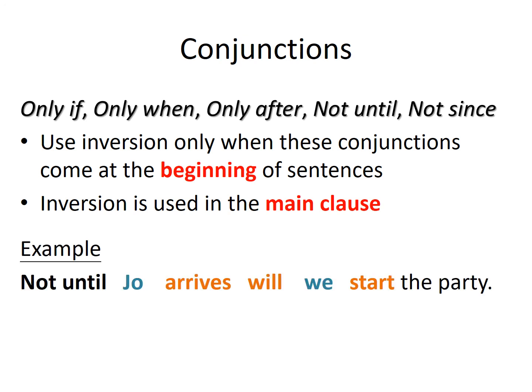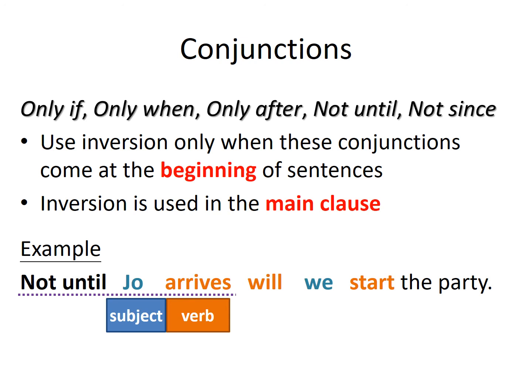Not until Joe arrives will we start the party. In this example, Joe arrives is linked to the conjunction not until, so it is not the main clause, and the normal statement word order, subject plus verb, should be used.